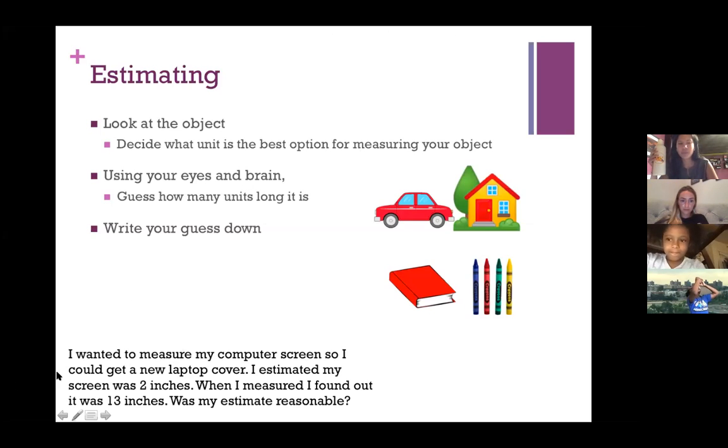So my first question, I wanted to measure my computer screen so I could get a new laptop cover. I estimated my screen was about 2 inches long. When I measured, I found out it was 13 inches long. Was my estimate reasonable? Who can tell me? Edward, was my estimate reasonable?